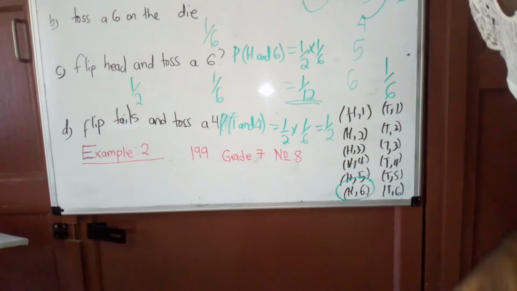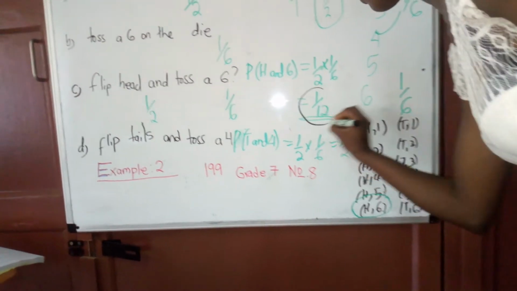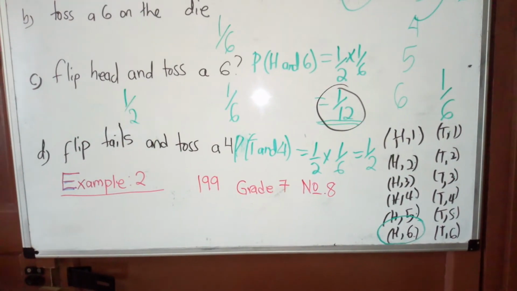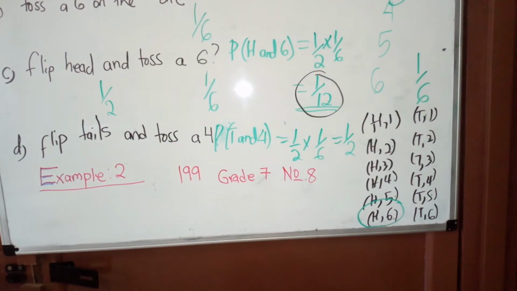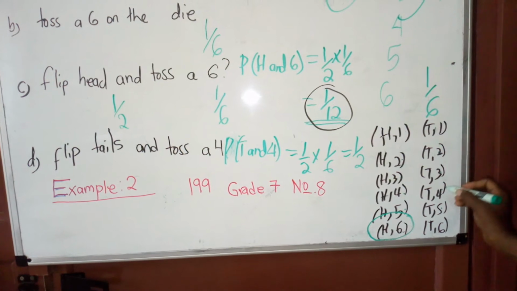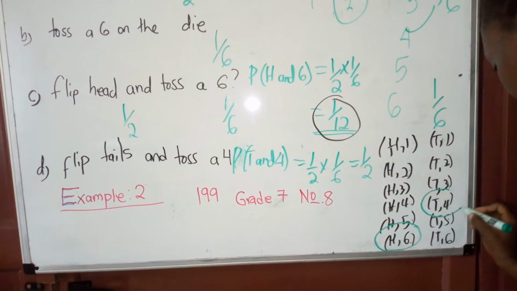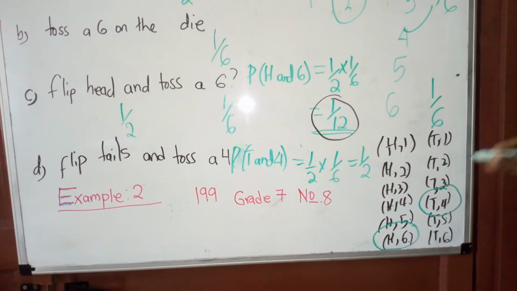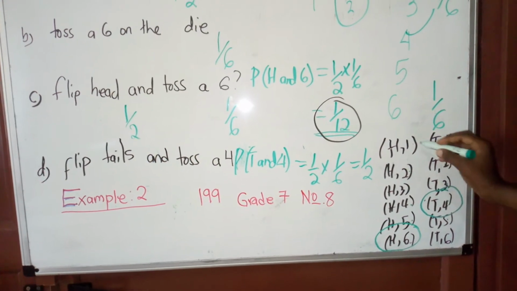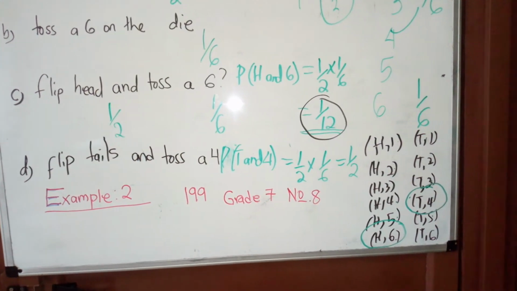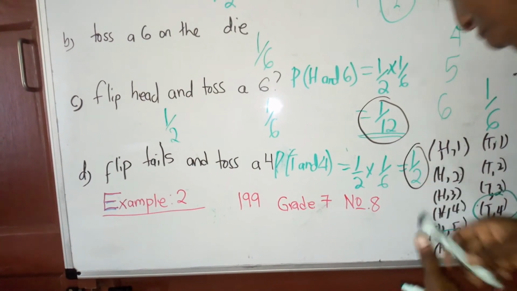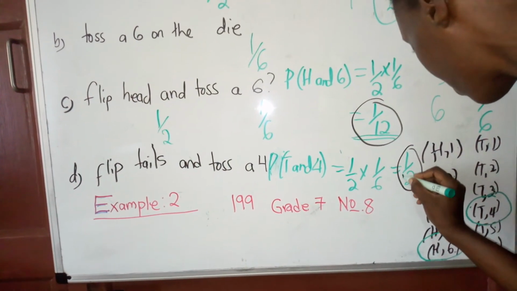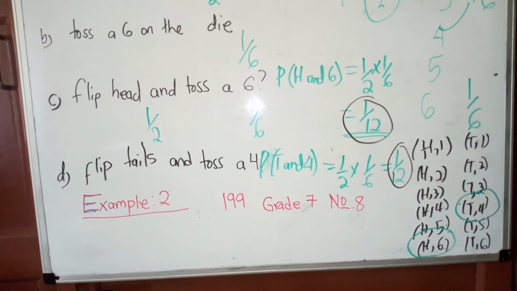So that is where we get our 1/12 from. And if you want to get tail and then a 4, you look for tail and a 4. Again, it appears once out of the 12. You just write 1/12. Oh, sorry, here I had written 1/12, but it was 1/12. So basically, that is it.